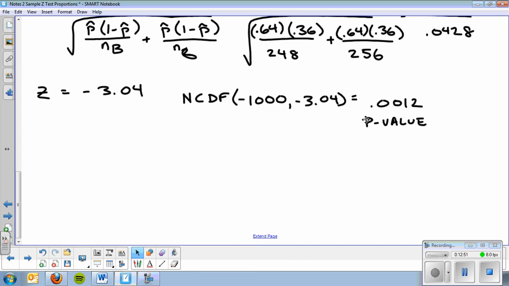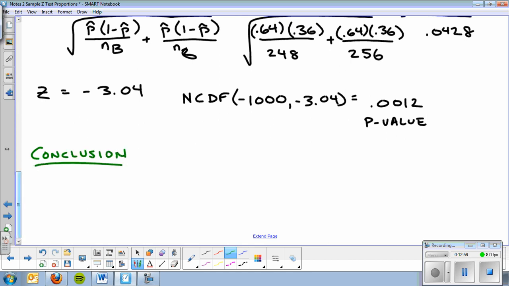And now we get to the conclusion. So, same overall process. We got a few new things. Let's use alpha equals 0.05.